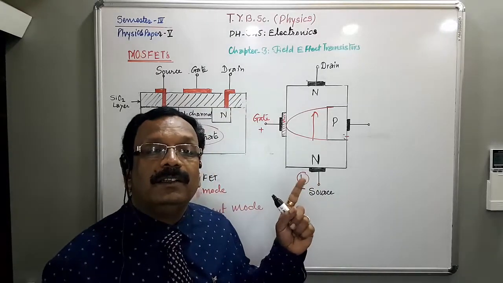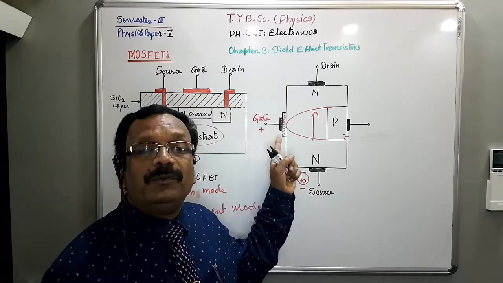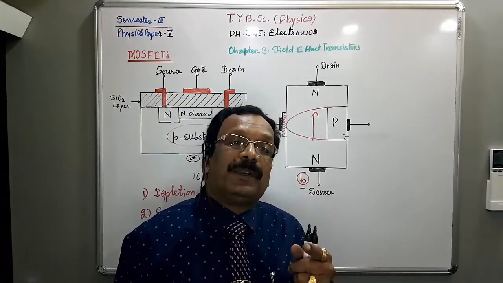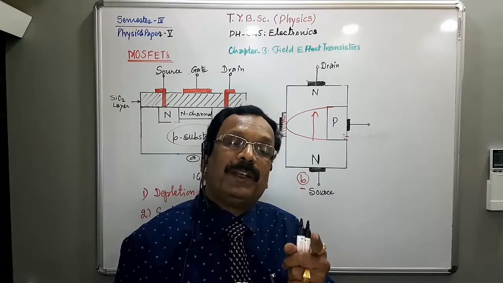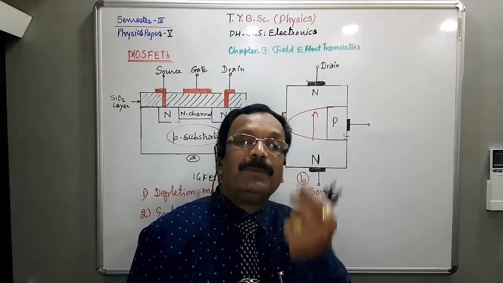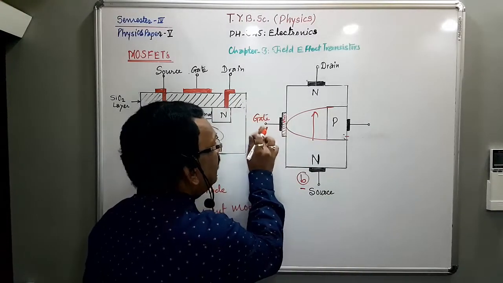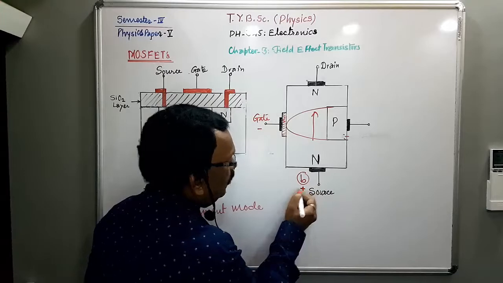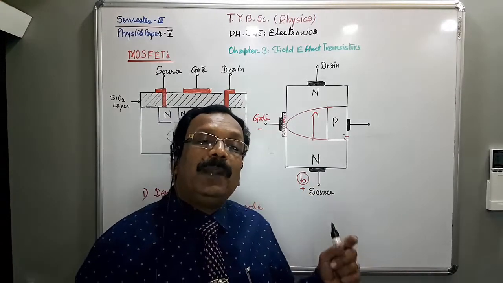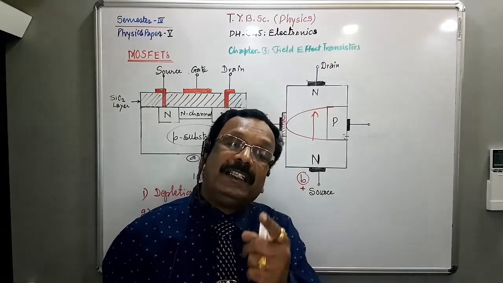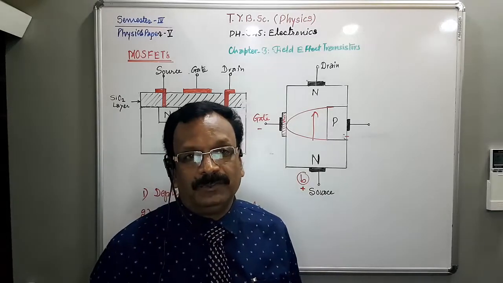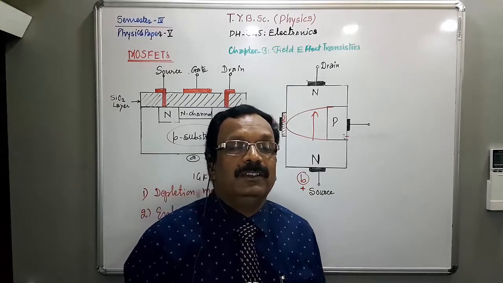When the gate voltage is positive with respect to source, the depletion type MOSFET operates in depletion mode. And when the gate is negative with respect to source, then the depletion type MOSFET operates in enhancement mode, and that's why there are two modes.